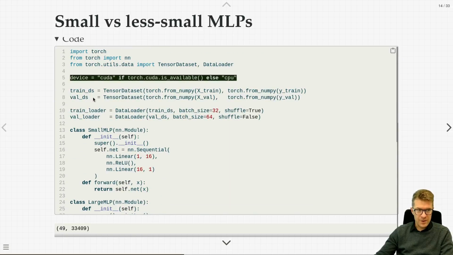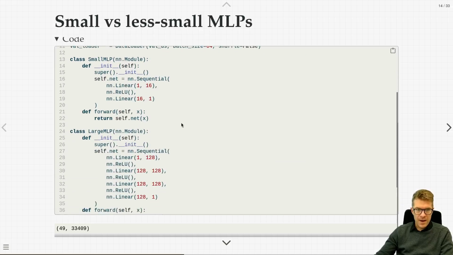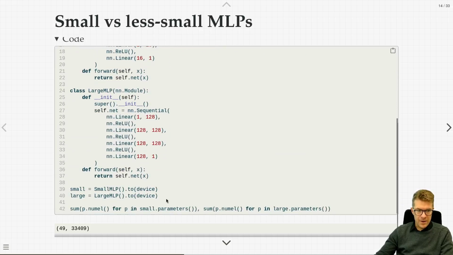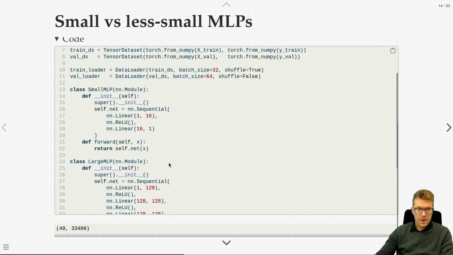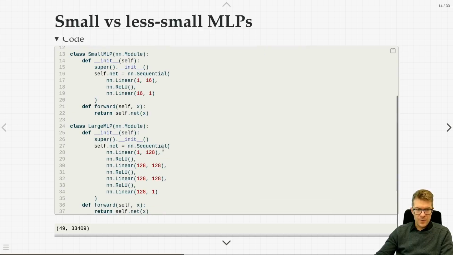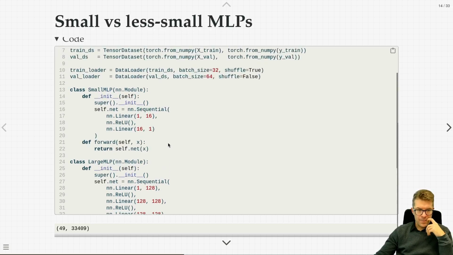So here is one of them on line 5, and here I send the neural networks to the device on lines 39 and 40. Otherwise, the construction of these neural networks is nothing that we haven't seen before. We have a sequence of layers. We have linear layers that feed into the ReLU nonlinear activation function, and we have a couple of these one after the other. So there we have it.